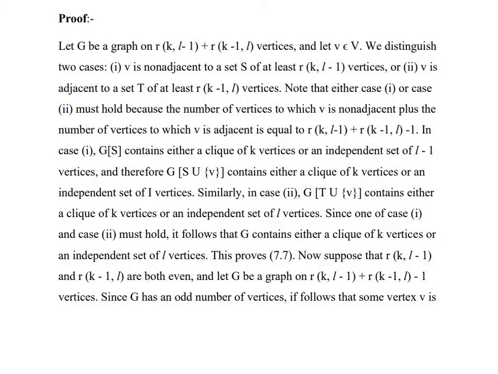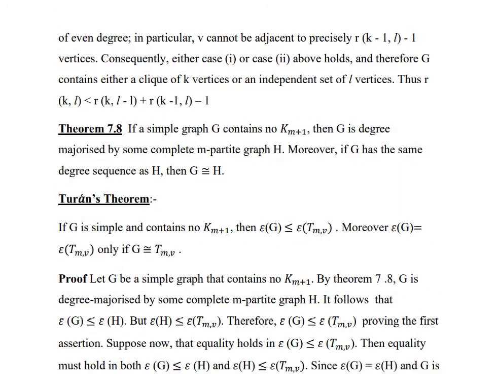This proves the inequality. Now suppose that R(k,l-1) and R(k-1,l) are both even, and let G be a graph on R(k,l-1) plus R(k-1,l) minus 1 vertices. Since G has an odd number of vertices, it follows that some vertex V is of even degree.